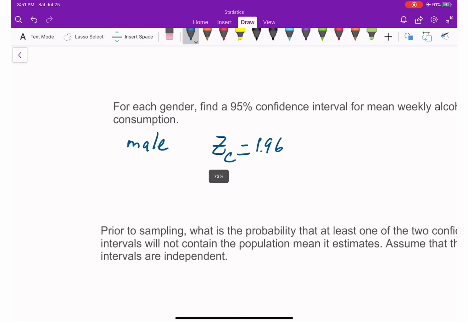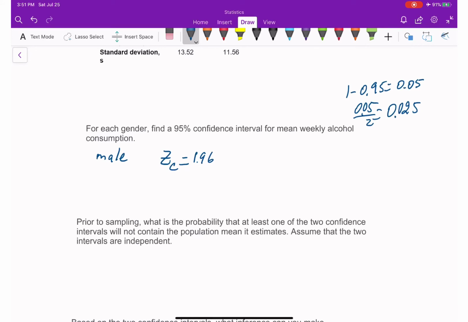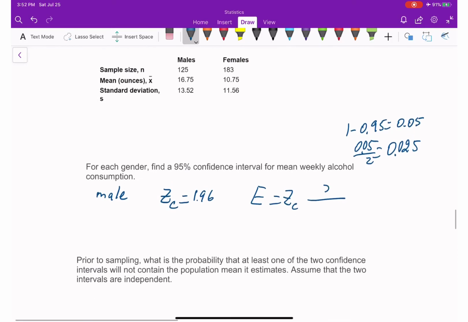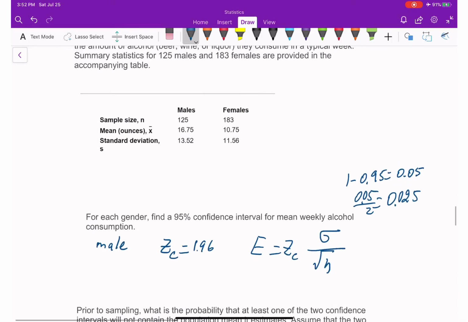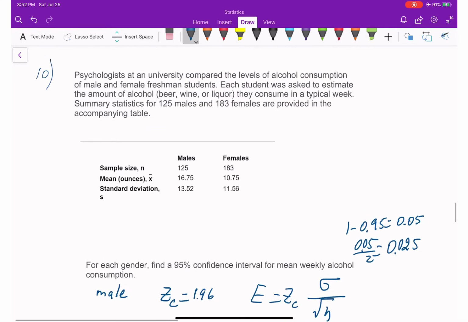All right, so our margin of error is gonna be Z critical times sigma over square root of n. So E is equal 1.96 times, how much is sigma?